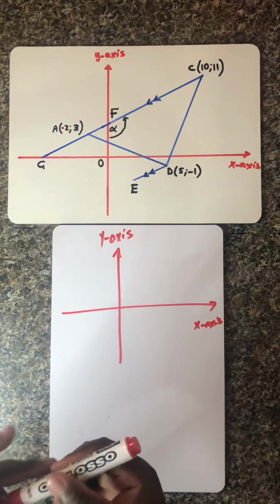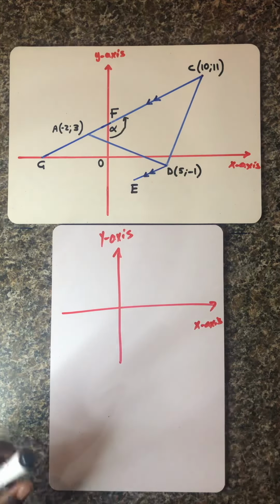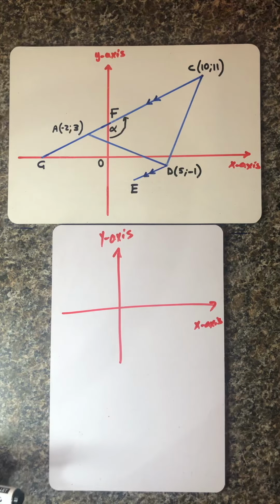For example, a straight line equation doesn't necessarily mean it will be at an angle or drawn diagonally. It can also be a vertical line or a horizontal line. Very important, ladies and gentlemen, that you notice where your set of axes is.